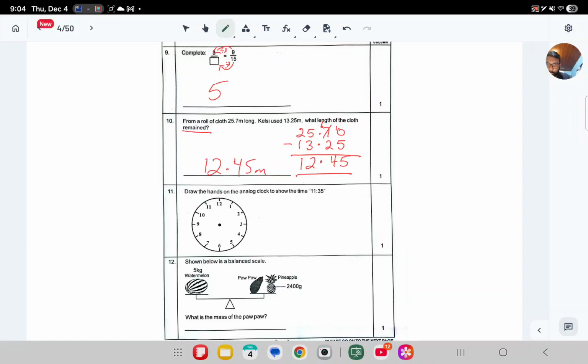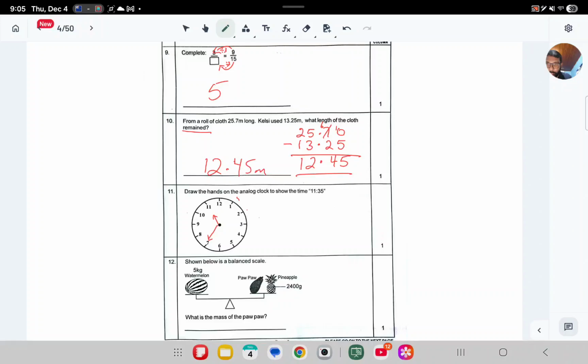So we know this means it is 25 minutes to the hour. If it's 11:35, the hour hand points between the 11 and the 12, and the minute hand would point to the 7, because each number the minute hand points to represents 5.